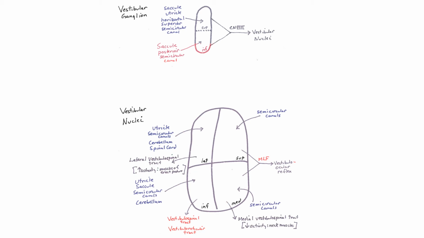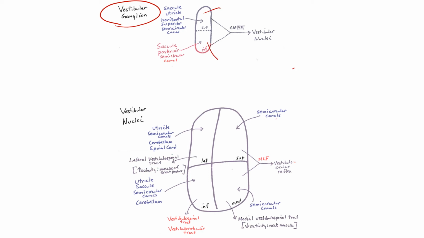When we look at the vestibular system pathways in just a moment, we're going to see that the cell bodies associated with this system are located in the vestibular ganglion. The vestibular ganglion can be divided into two parts based on where the individual axons go. Notice that we have a superior portion and an inferior portion.